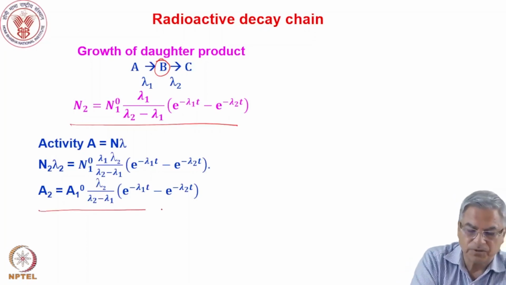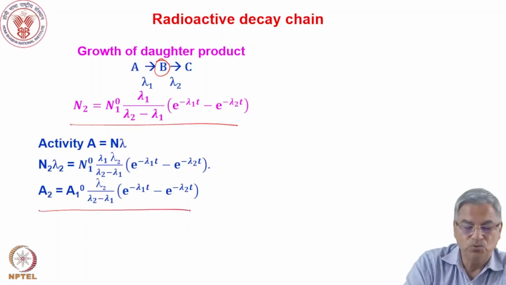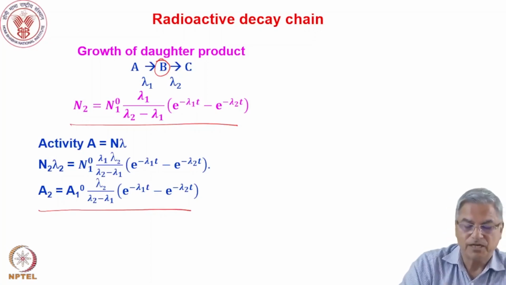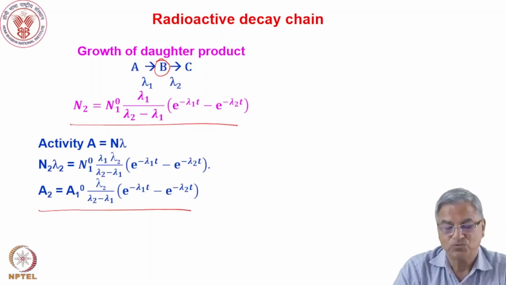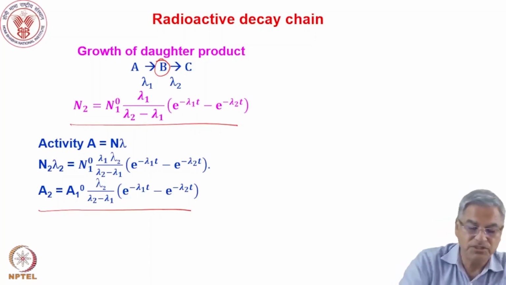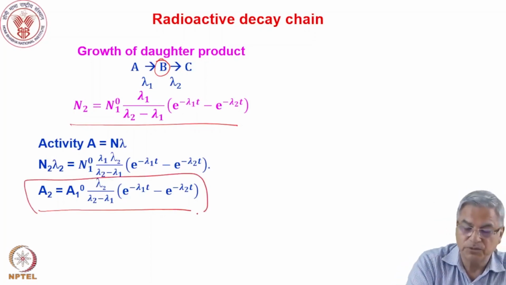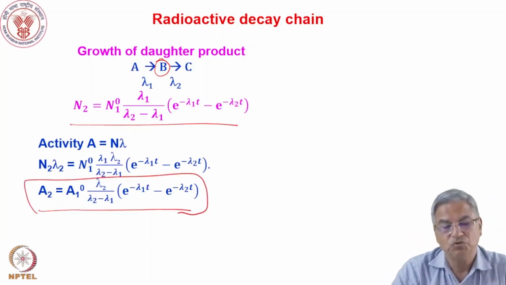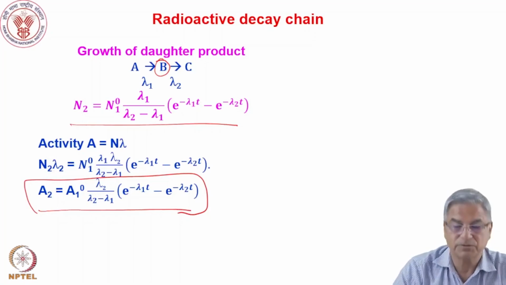So activity of daughter becomes A2 equal to A1 0 lambda 2 upon lambda 2 minus lambda 1 into e raised to minus lambda 1 t minus e raised to minus lambda 2 t. So this is an important relationship, and there are several corollaries of this equation which we will discuss in detail subsequently.